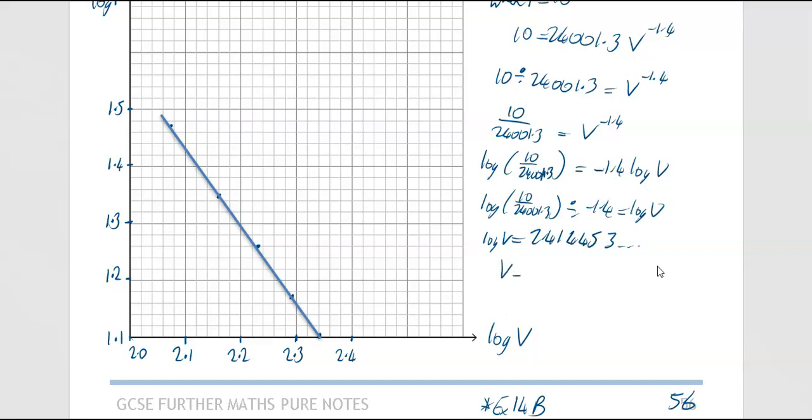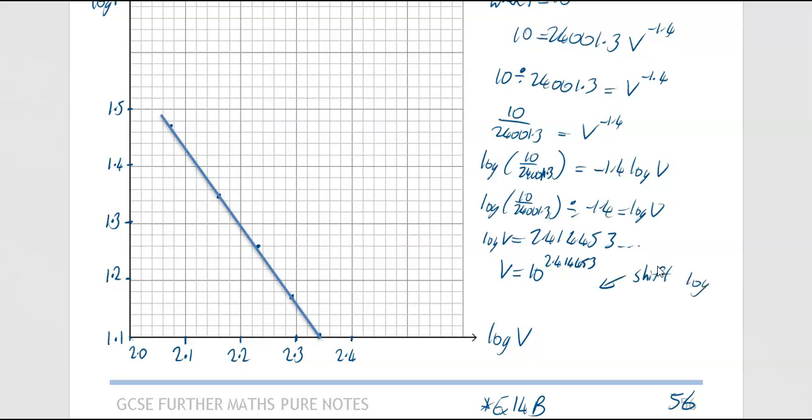So do your inverse log, which, if you look at your log button, is going to be 10 to the power of 2.414453. So that really is shift and log.